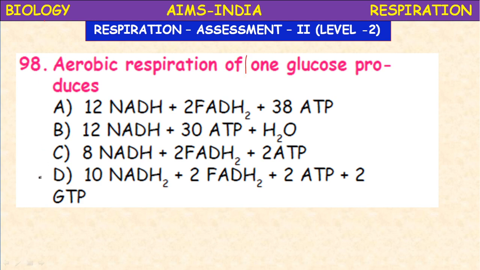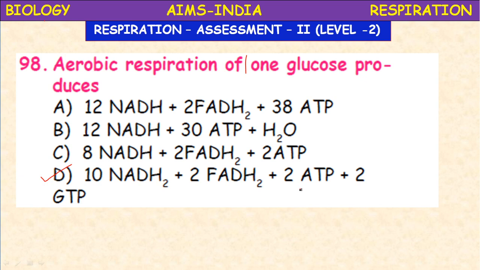From 1 NADH, 3 ATPs are produced, so 10 into 3 is 30, plus from 1 FADH2, 2 ATPs, so 2 into 2 is 4. That makes 34, plus 2 ATPs produced as a net gain in glycolysis.